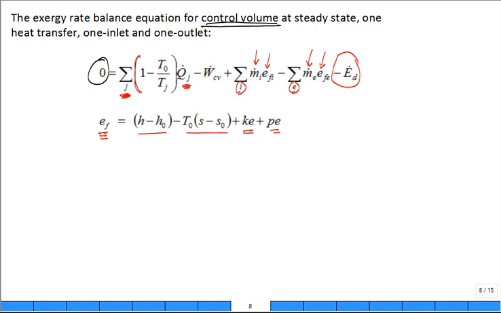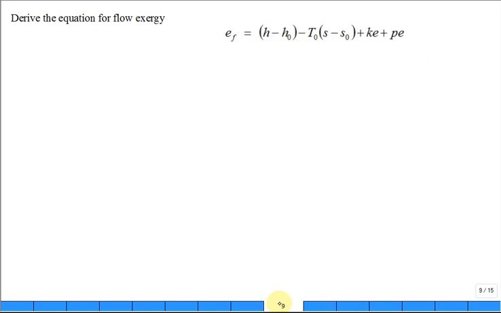What's exergy again? The capacity to do useful work. Raise a weight in a gravitational field, mechanical work. This is derived and put online in the textbook. But what I thought I would do is give you a brief derivation for this flow exergy term, if you're ready for it.